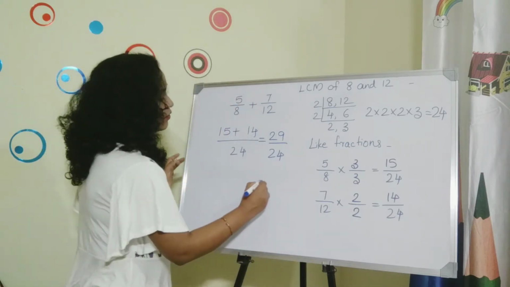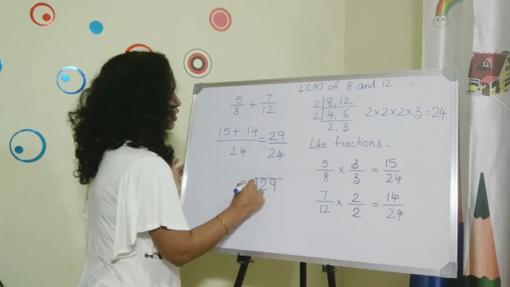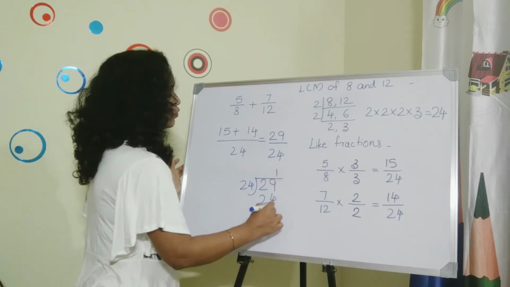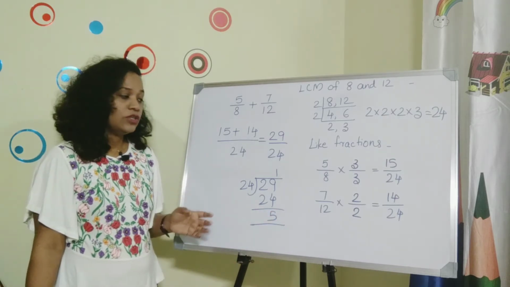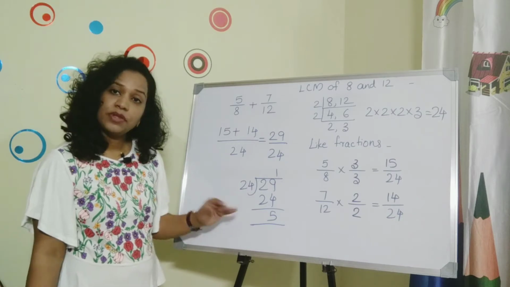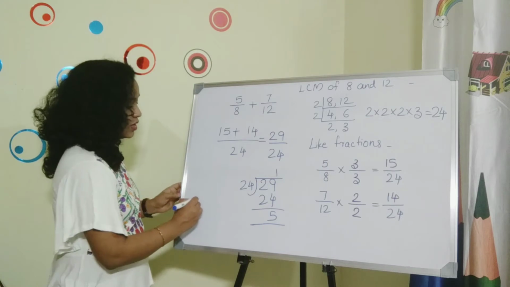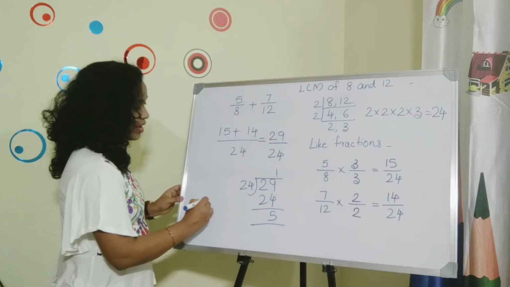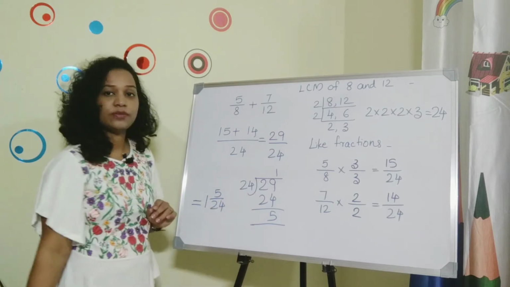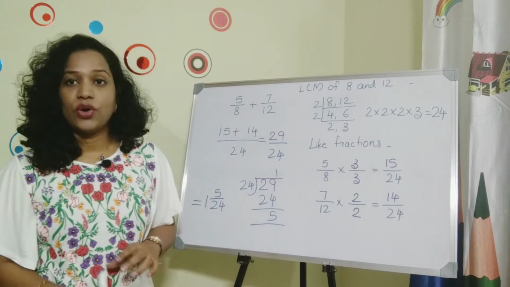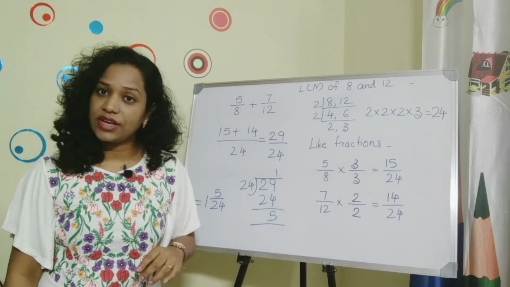So for that we can divide it. 29 divided by 24. Once 24 will get 5 as the remainder. Right? So how can we write the mixed fraction? 1 5 by 24. That is our final answer. Okay. So now you all know how to add unlike fractions.